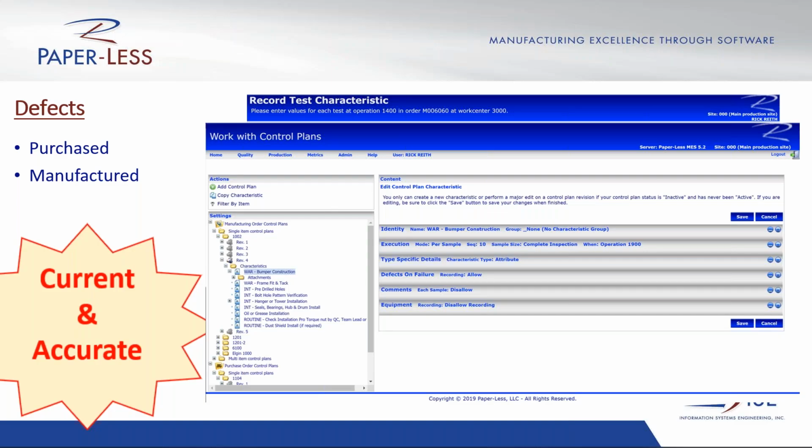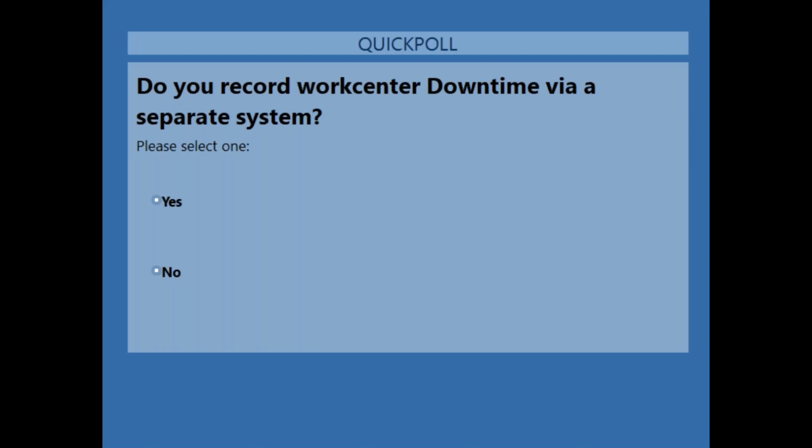The next question I'm going to send out there is, do you record work center downtime right now? And how do you do that? Do you do that electronically? Is that through paper? Oops, sorry, it wasn't launched. Is that through paper? How do you do downtime data? Is it through a separate system? Usually everybody I've talked to these days does record downtime in some fashion.